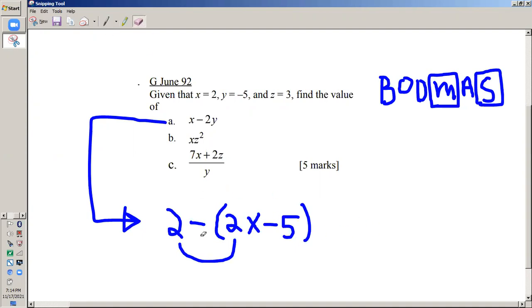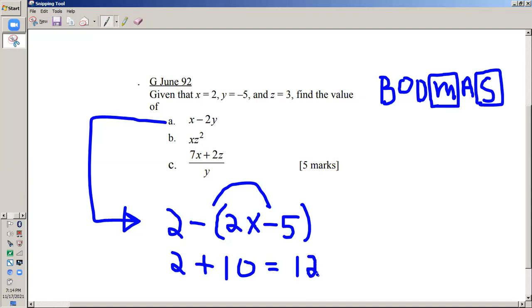Can't do that. So you have to multiply these two terms. You write back this 2, that's a very important point. And when we multiply two negatives, it gives a positive. 2 fives is 10. So therefore, 12 is our answer.